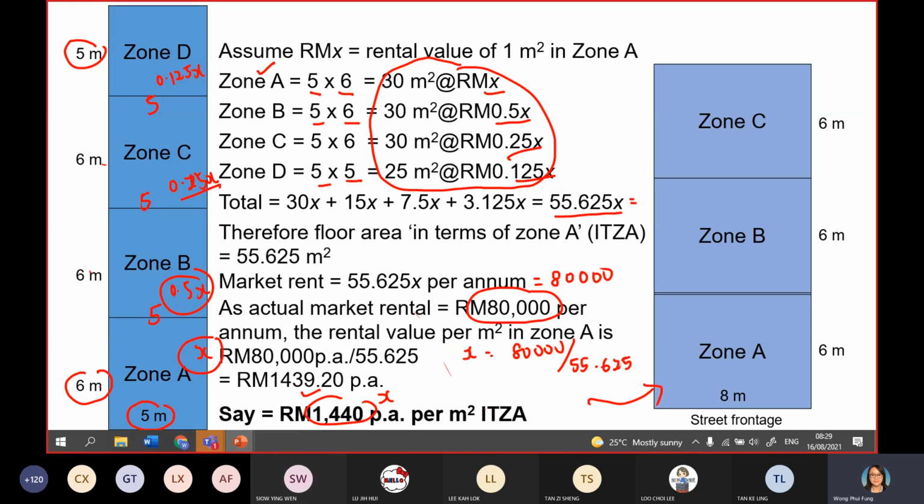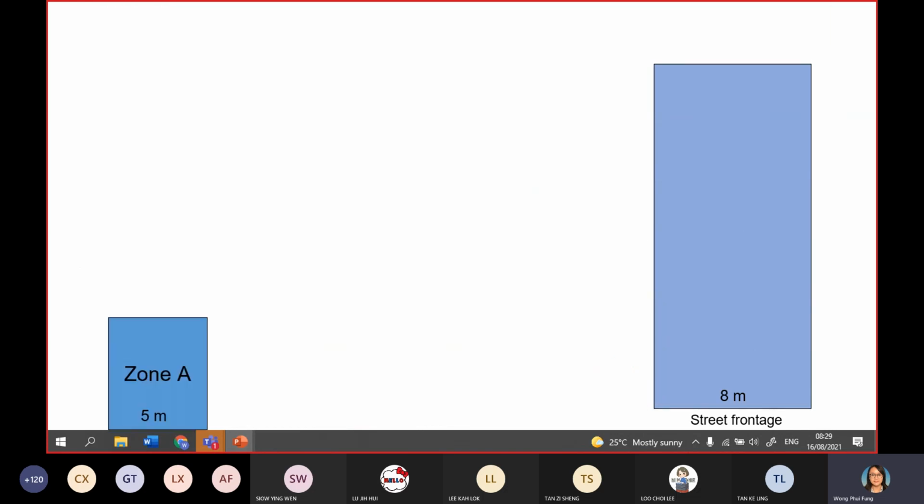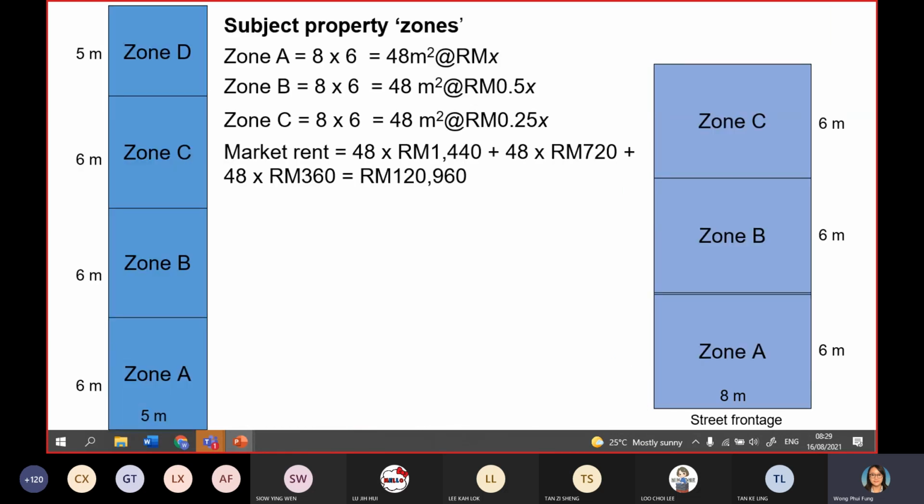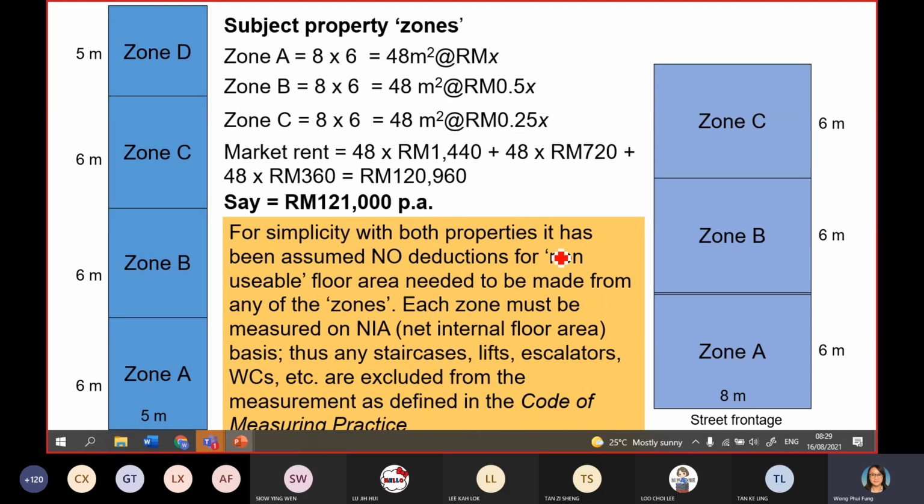Okay, similarly, next slide. Similarly, 8, 6 times x. Here it is quite straightforward, all are the same. But then the zone should be different: x, 0.5x, 0.25x.